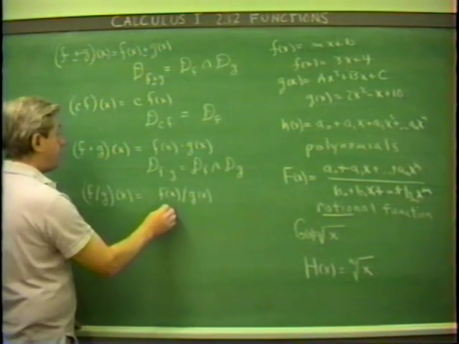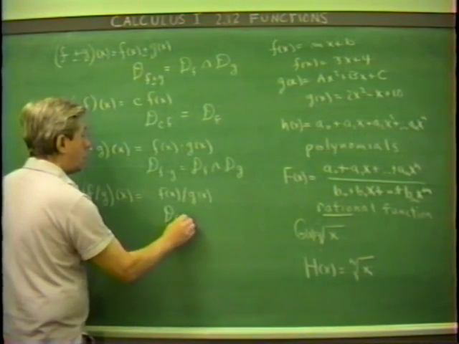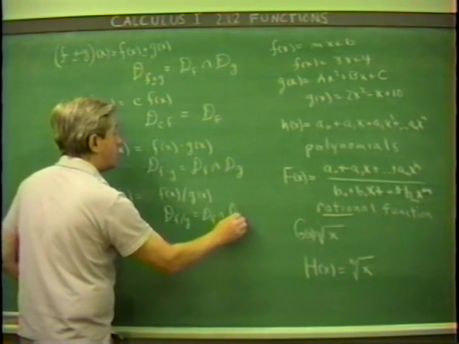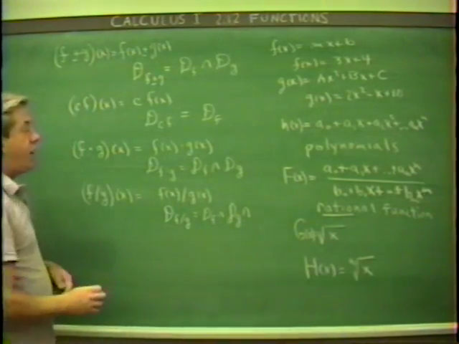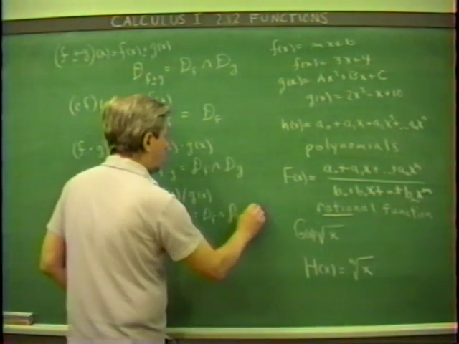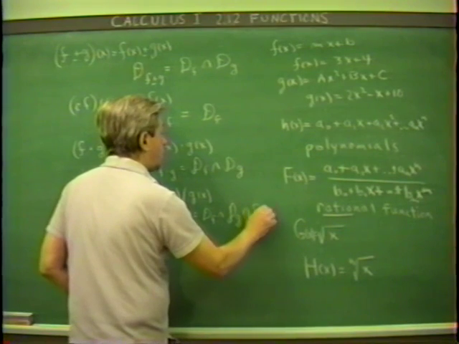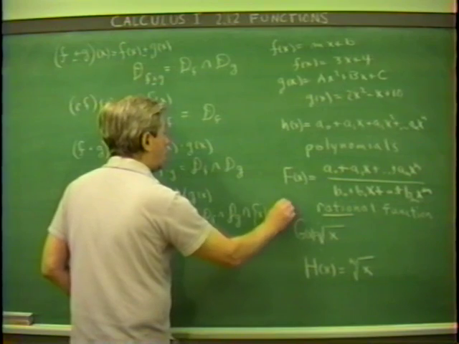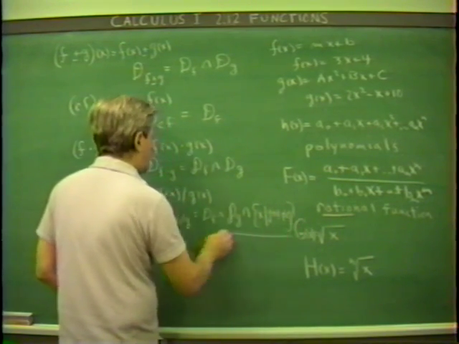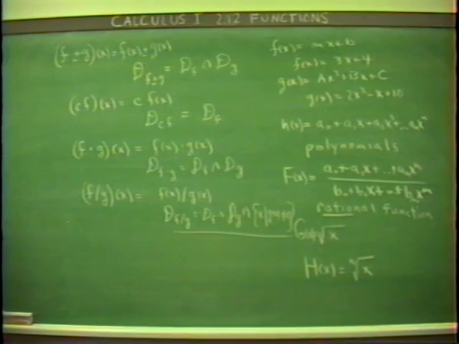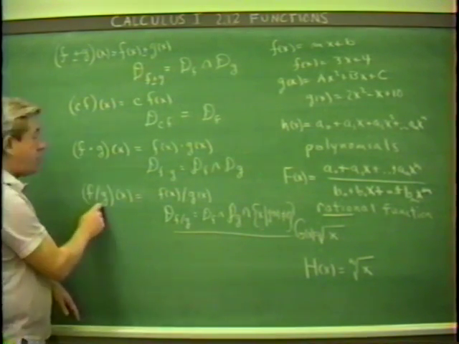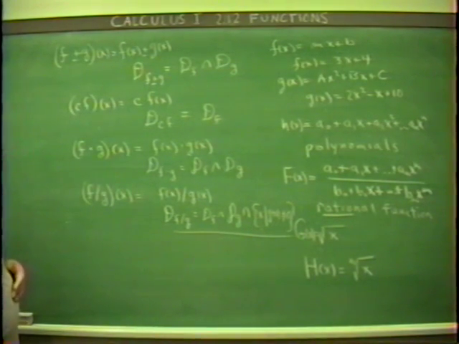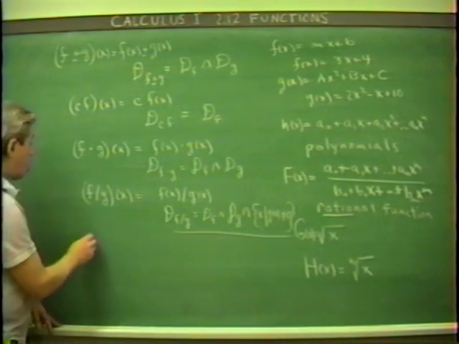And its domain is going to be the domain of f intersected with the domain of g, along with the set of x such that g of x is not equal to 0. That's the domain of f divided by g. So division gives you a unique number, so this is a function. There's a final combination of functions that results in functions. This is called composition.